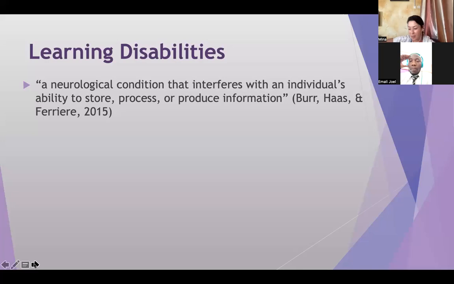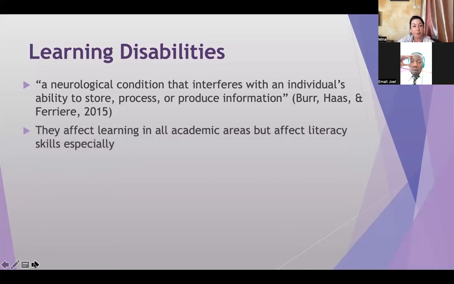And so it doesn't mean that these people are stupid or that they are unable. They're just having some issues in these areas. So learning disabilities affect all areas of learning, but something that really stands out is issues with literacy skills. So being able to read, to comprehend what they read, issues like that.